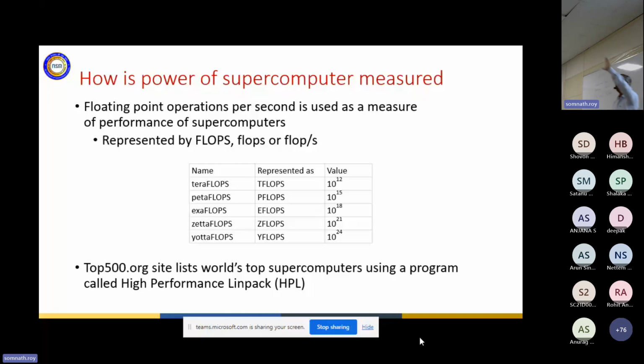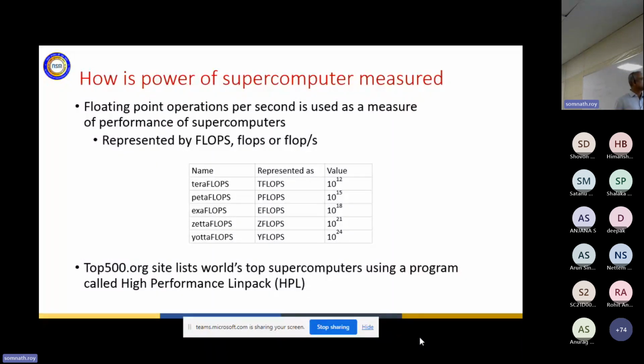At the end, it gives one output file saying it used matrices of this size, these were the starting conditions, and finally it could extract 1.1 exaflops of compute power. The theoretical peak may be 1.5 or 1.6, but what it achieved was 1.1.